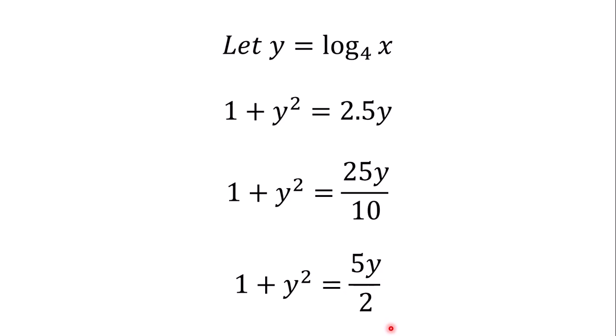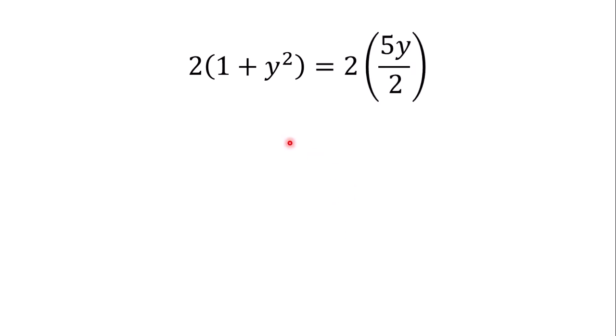Now when we open the bracket, we get 2 plus 2y squared is equal to, and here the 2s cancel out, and it will give us 5y. So 2 plus 2y squared is equal to 5y.